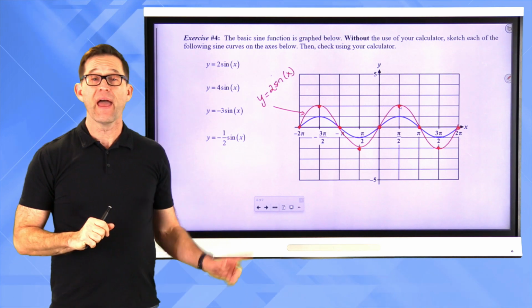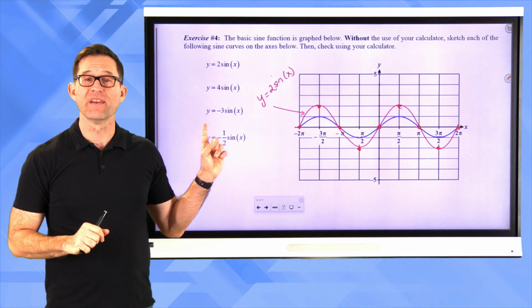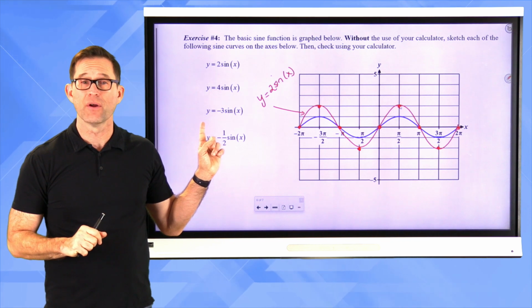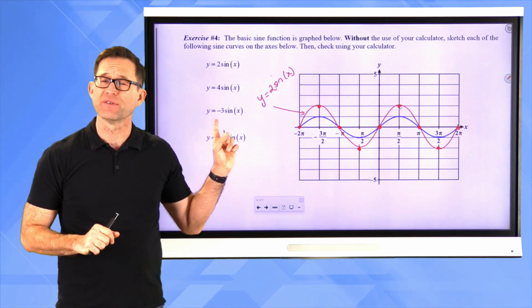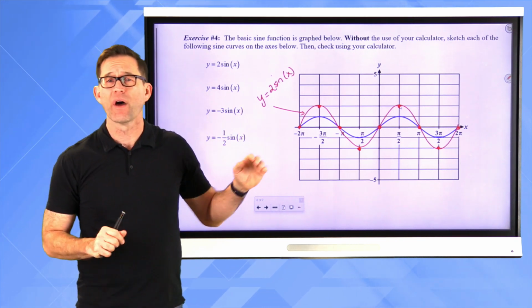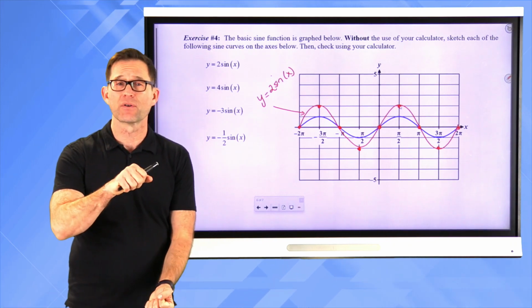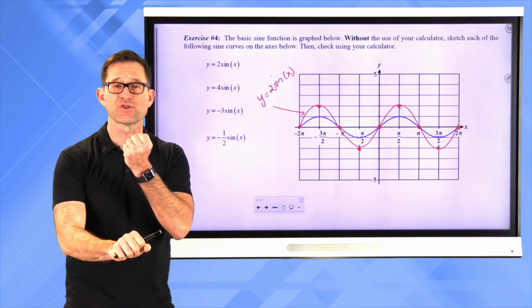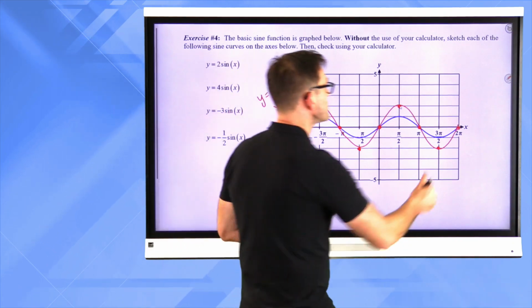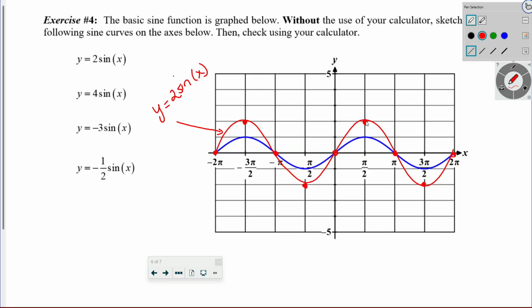Okay? And let's do that one with y equals -3 sine x together. This one is going to be very, very similar. The big difference is we're not only going to get that stretch by a factor of 3, but we're also going to get a reflection across the x-axis. So maybe if I do that one in black, and then I run out of colors. Right here, at that 1, I now would be down at -3. 0 stays at 0. -1 goes up to +3.